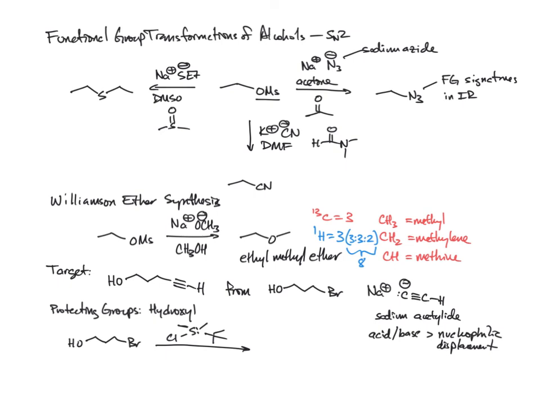So we're going to take this alcohol, treat it with this silicon reagent in the presence of this compound called imidazole, which is a base. And then we're going to use the solvent DMF as we saw above.